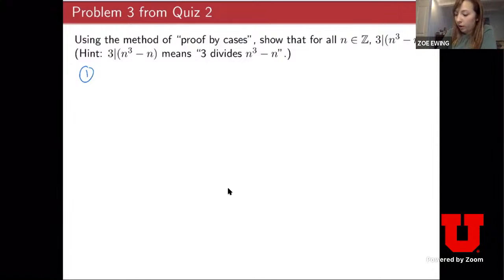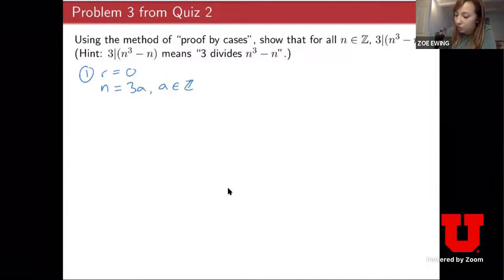So let's start with remainder equals 0 when you divide by 3. That means n equals 3a, where a is in the set of integers.